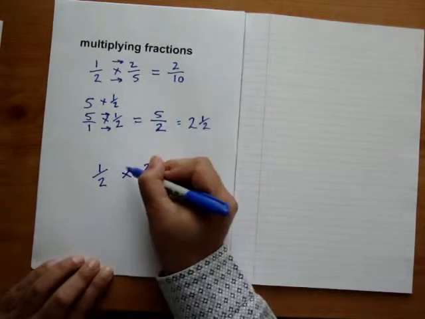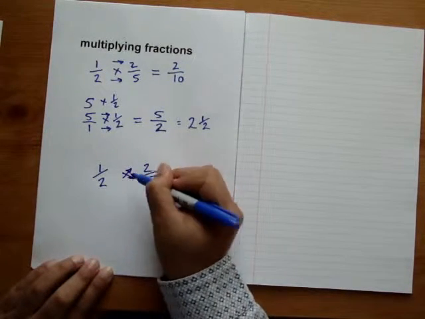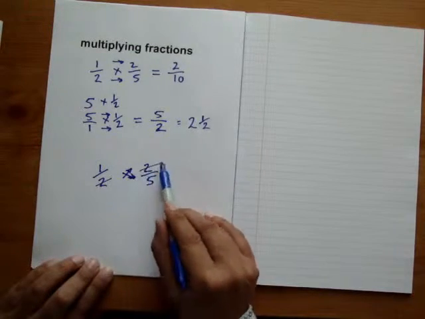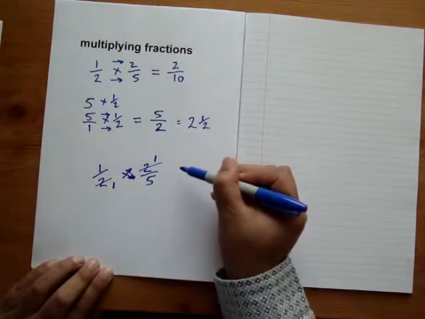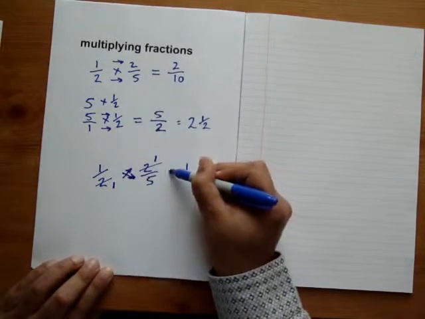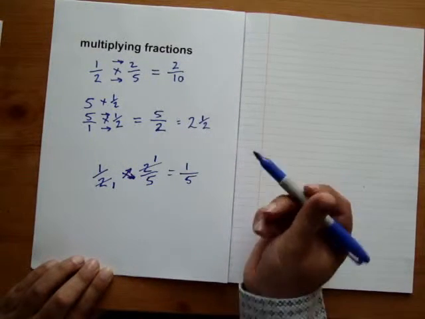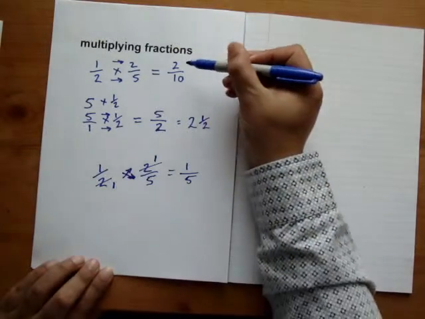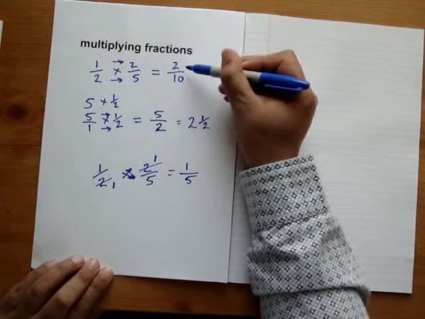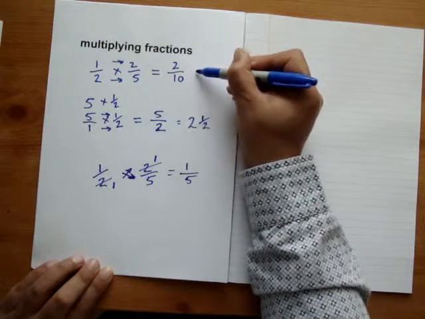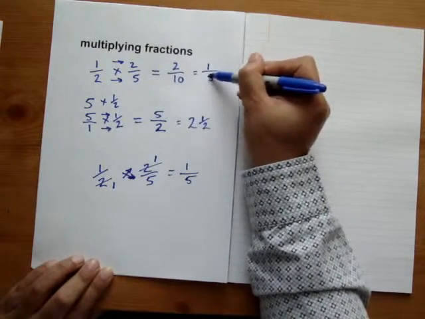So we look that way and that way in the multiplication. 2 cancels out the 2. 1. And now we multiply across. 1 times 1 is 1. 5 times 1 is 5. The answer is 1/5. This answer that we got earlier can also be reduced to 1/5 if we divide both the top and the bottom by 2. We get 1 over 5.